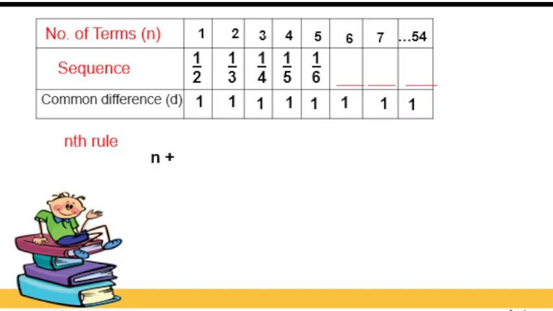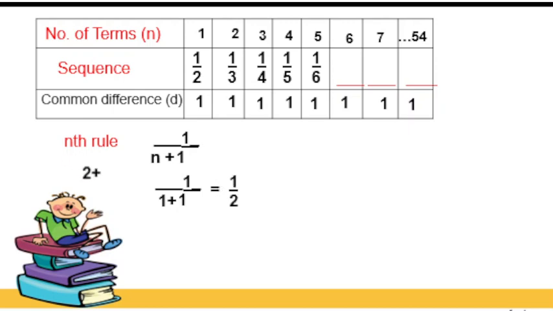So, we have to add n plus 1 over 1. So, our rule is 1 over n plus 1. So, let's check. If n is 1, so you have 1 over 1 plus 1 is 1/2.